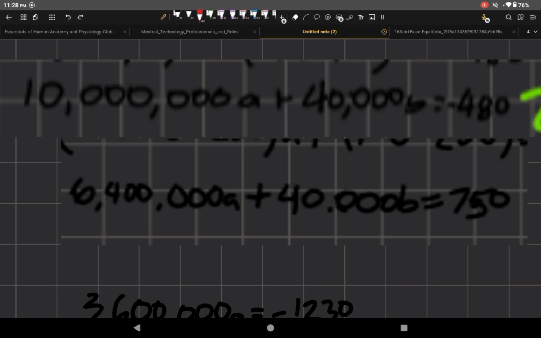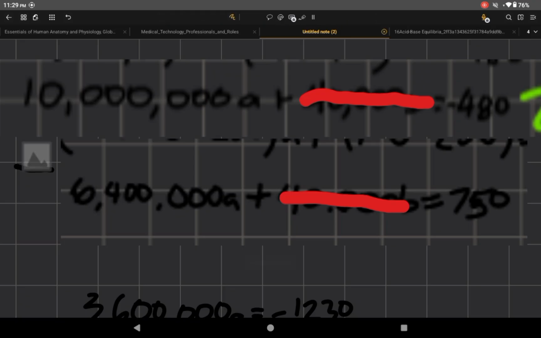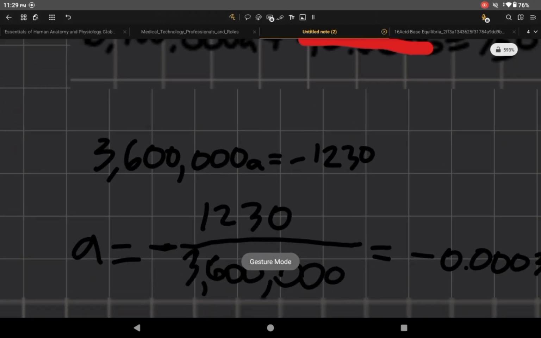The first equation is 6,400,000A plus 40,000B is equals to 750. So, cross out na natin the B terms. Since may minus na natin, take note.